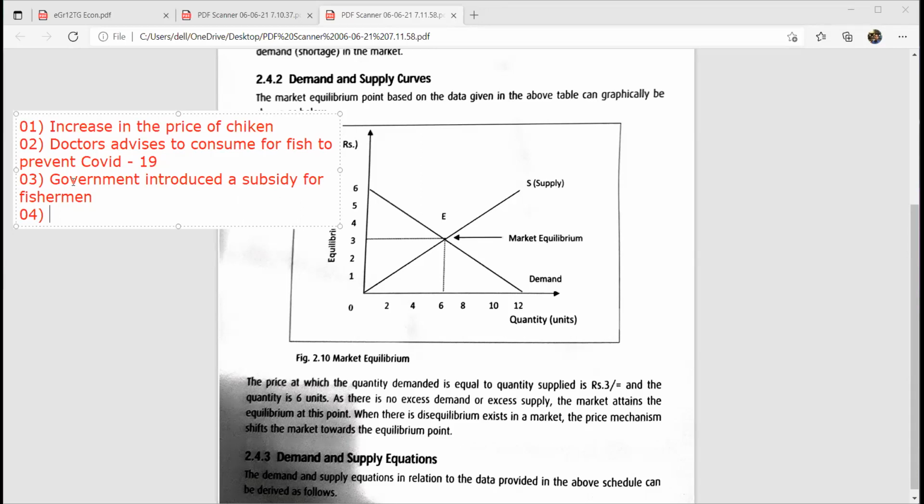Next one, decreasing number of fishing boats.